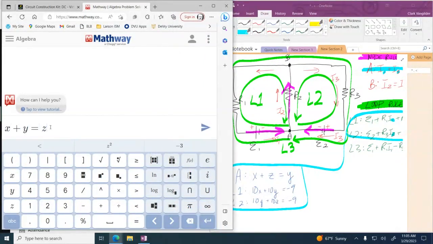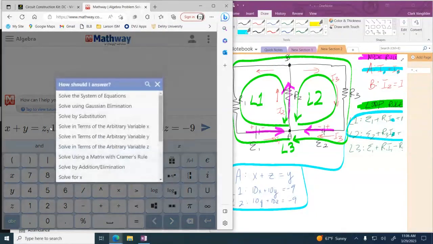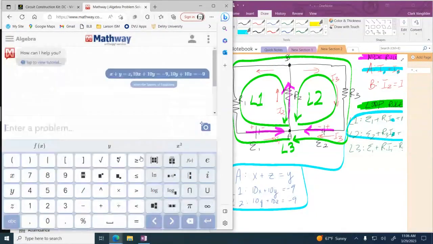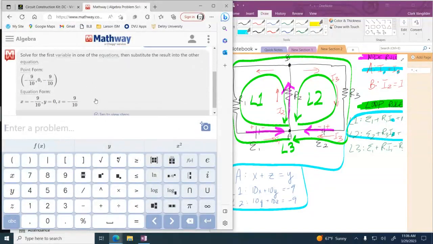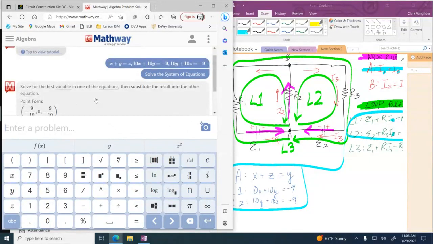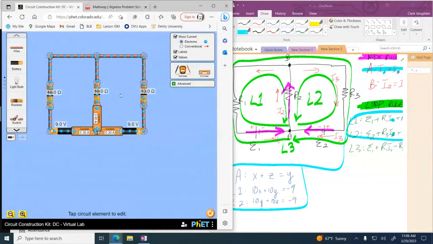X plus y equals z, comma, 10x plus 10y equals minus 9, and 10y plus 10z equals minus 9. Solve the system of equations. Is that my all 10s?